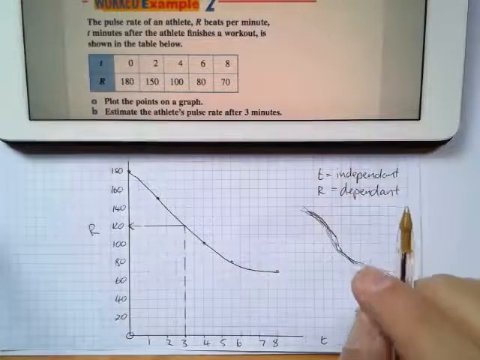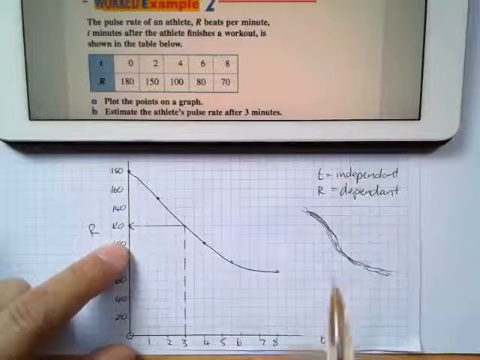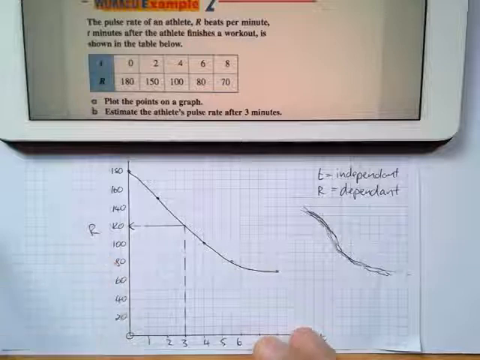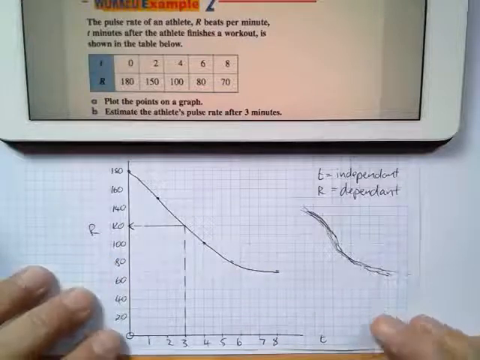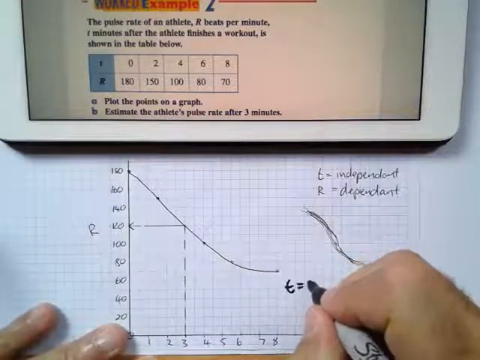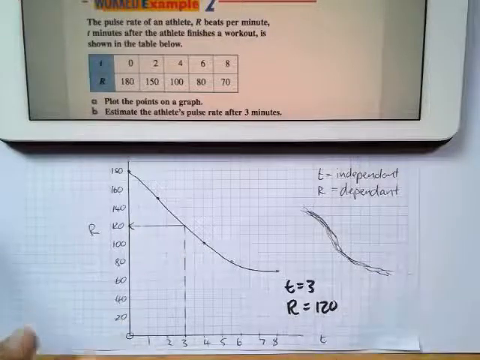So I can see that this is around about 120 beats per minute. Now the example in the book says 125, it depends on how your graph looks. We are lenient in giving you some results. So my result here, when T is 3, R equals 120.